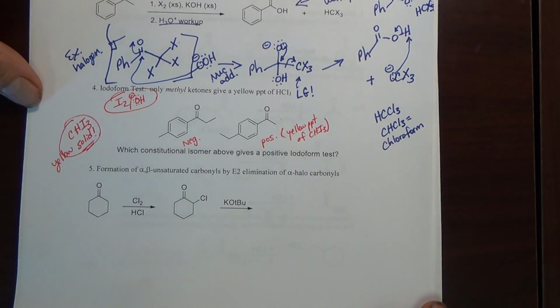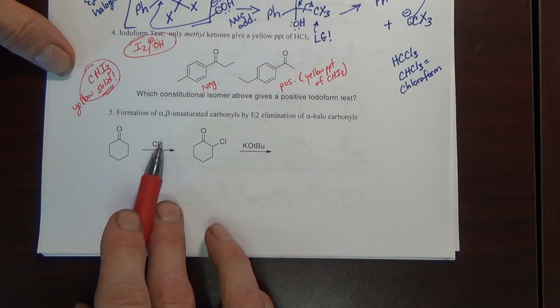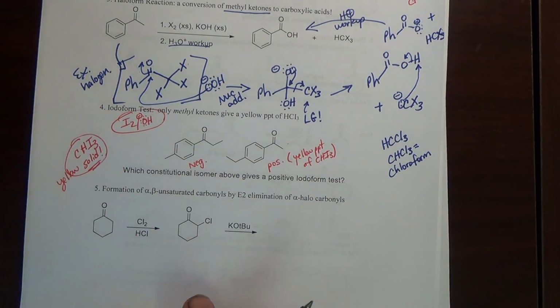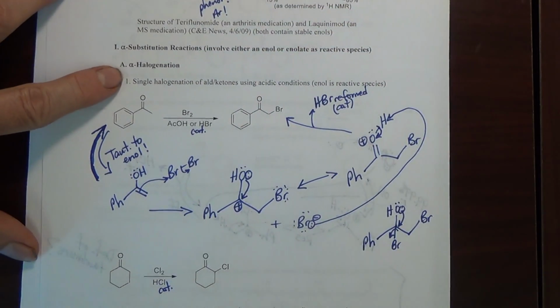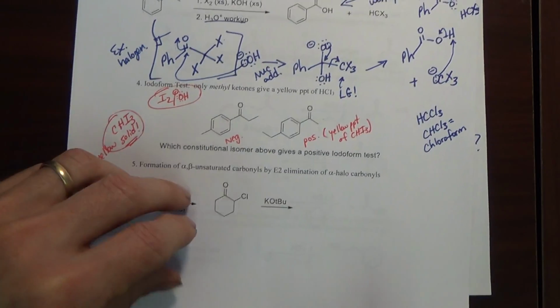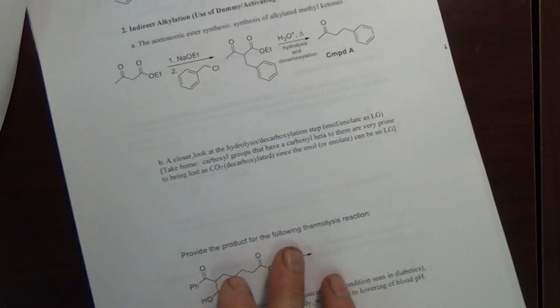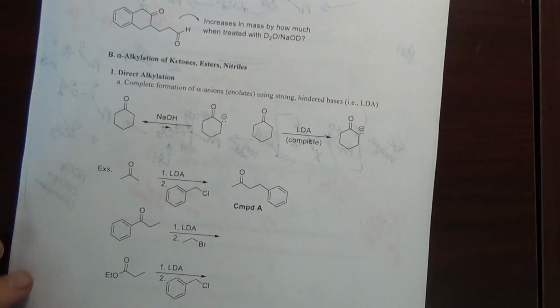Why don't we end there? We'll pick up with a couple of other miscellaneous points regarding this reaction 5, alpha halogenation, at the beginning of the next video.